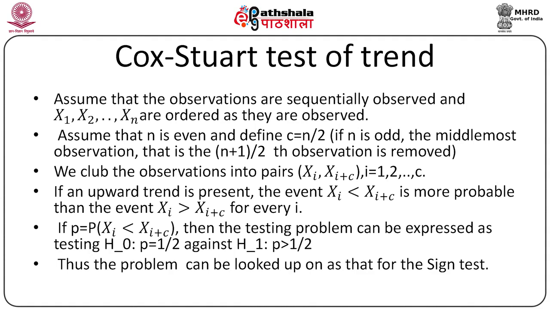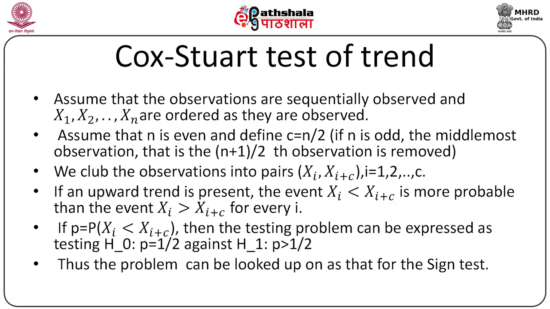Assume that n is even and define c equal to n by 2. However, if n is odd, the middlemost observation, that is the (n plus 1) by 2th observation, is deleted. Then the whole set of observations is divided into Xi, i from 1 to c and Xi, i from c plus 1 up to n.